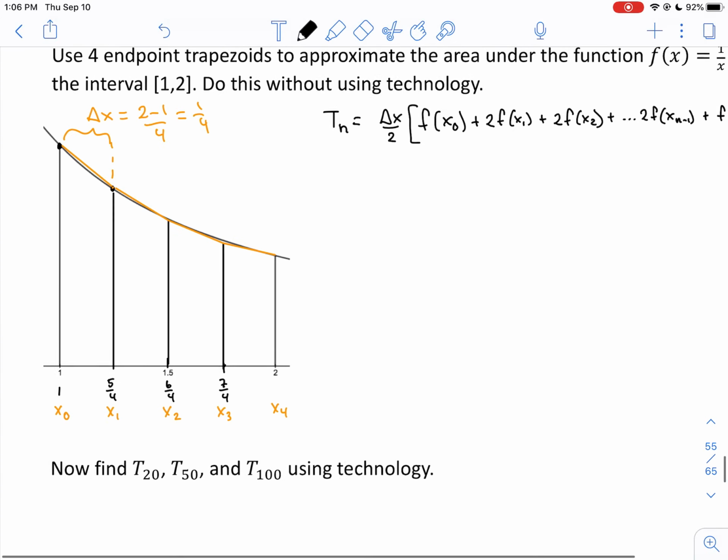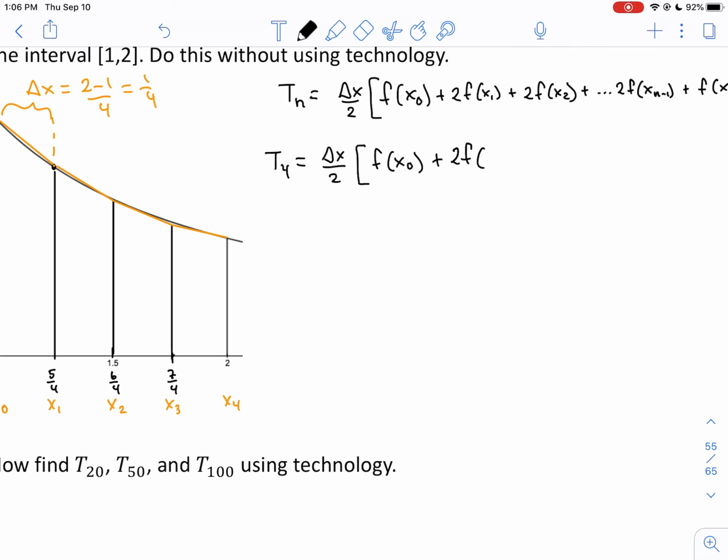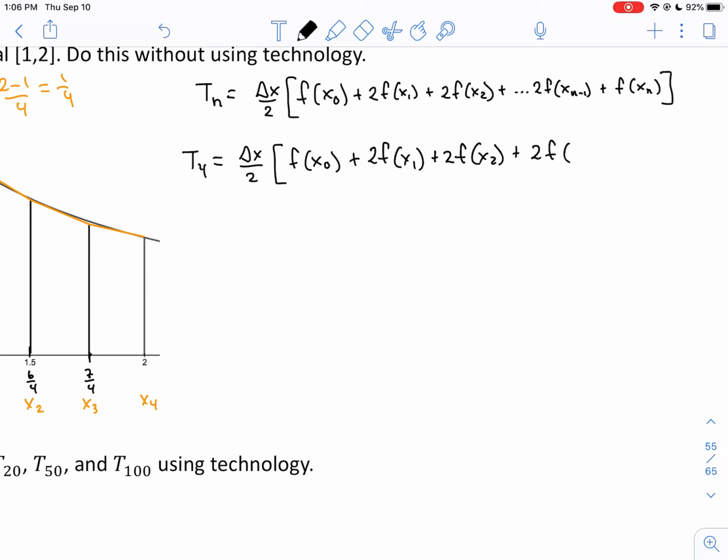And the way to add up all these trapezoid areas is to do the following. In this case, using 4 trapezoids will be delta x over 2. Then we do f of x naught. Then we're going to double and do f of x sub 1, double f of x sub 2. We're going to double all the interior y coordinates. Double f of x sub 3, and we keep this up until we get to the last one, but the last one we just do 1 copy.